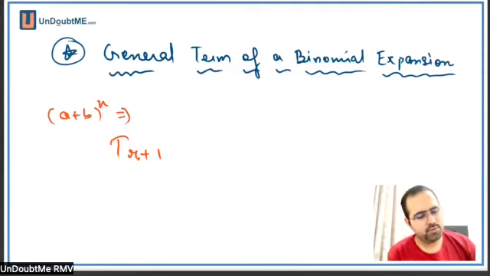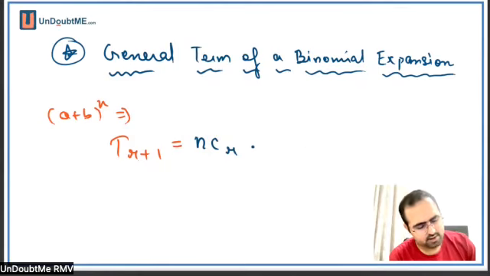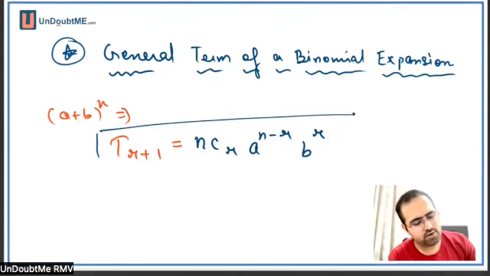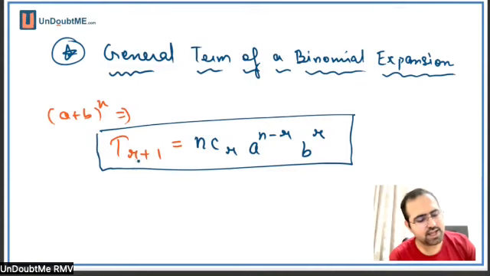General term for a binomial is written as T r plus 1. That will be equal to nCr a to the power n minus r and b to the power r. This is exactly what I told you to observe in the previous example. Now the only thing I want to discuss over here is why it is written as T r plus 1.